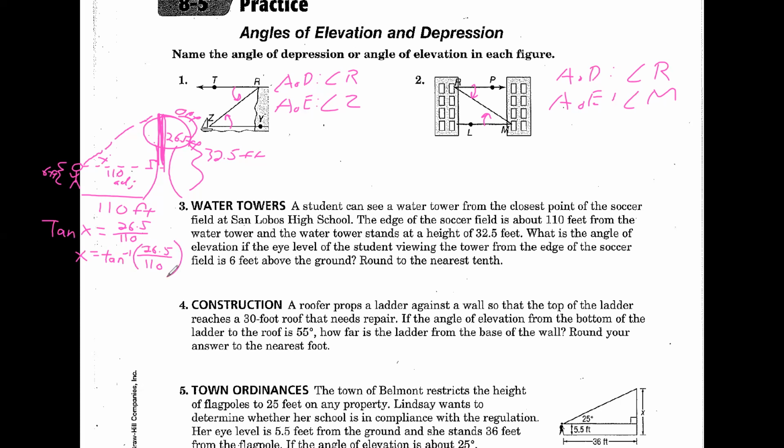All right, so we get inverse tangent of 26.5 over 110. You plug it into the calculator and you should get 13.5. That's our answer for number 3.